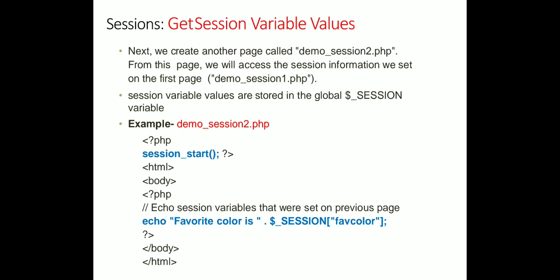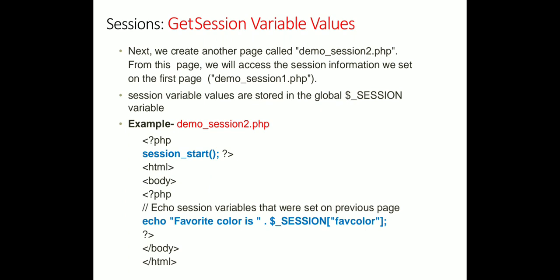From this page we will access the session information we set on the first page. The session information we started with demo 1, we just saw that program, and we want to access that information in the second program.